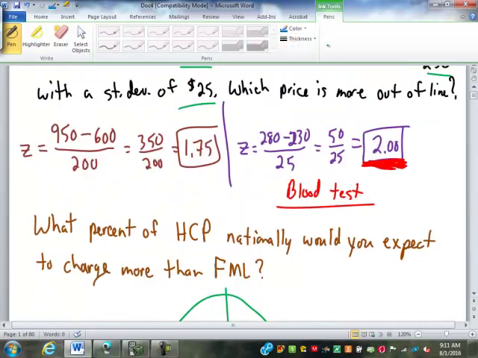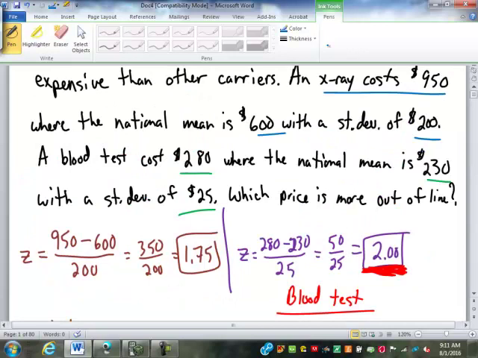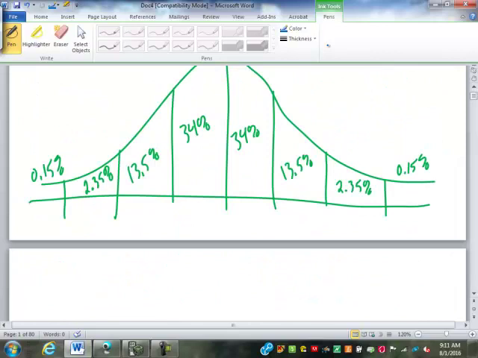Now the numbers that would go on the bottom of this would be the national mean and standard deviation. So what would go in the center here? 230, the national mean. Now standard deviation of 25, so this would be what? $205. 230 minus 25, right? This one would be $180, minus another 25.